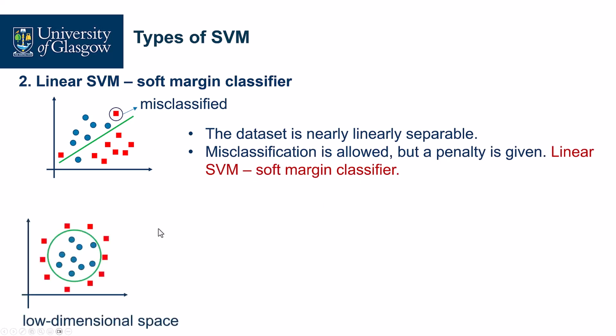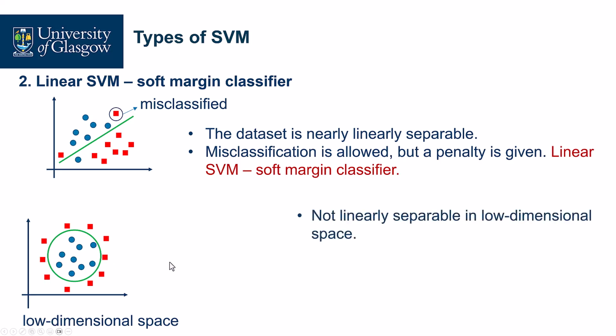For other data characteristics, for example this one, this is not even nearly linearly separable. It's nonlinear. We can see this is not linearly separable in the two-dimensional space. However, we can do a mapping.